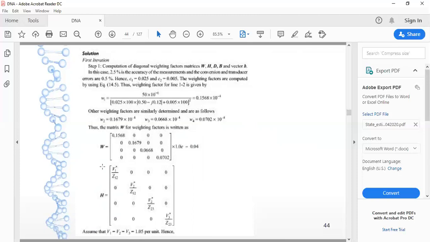As we have discussed in the theorem also, the H matrix is nothing but V1 conjugate by Z12. So the value from 1 to 2 or 2 to 1, Z12, will remain equal. Similarly, from 2 to 3 or 3 to 2, Z23 will remain constant.